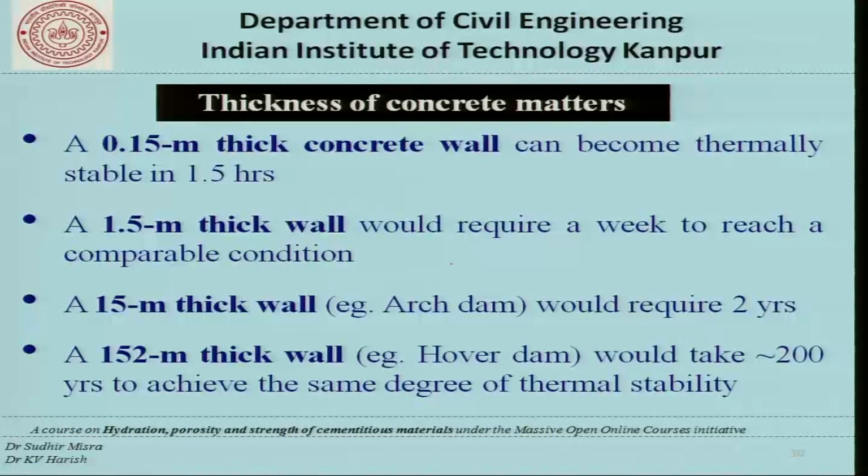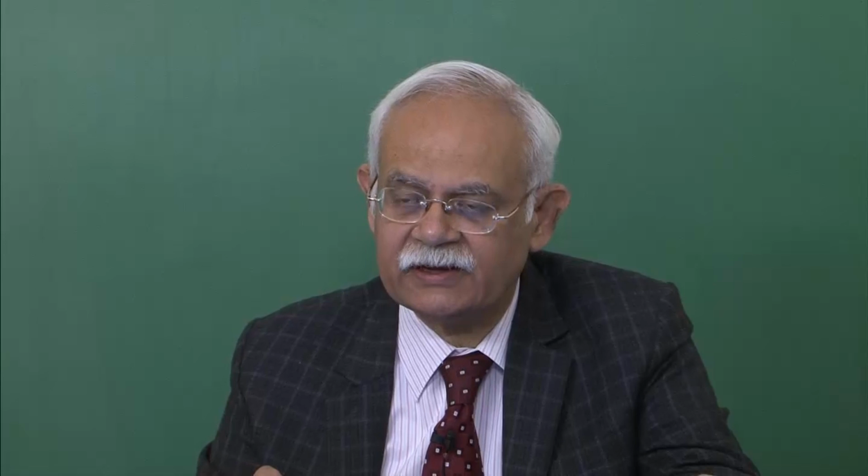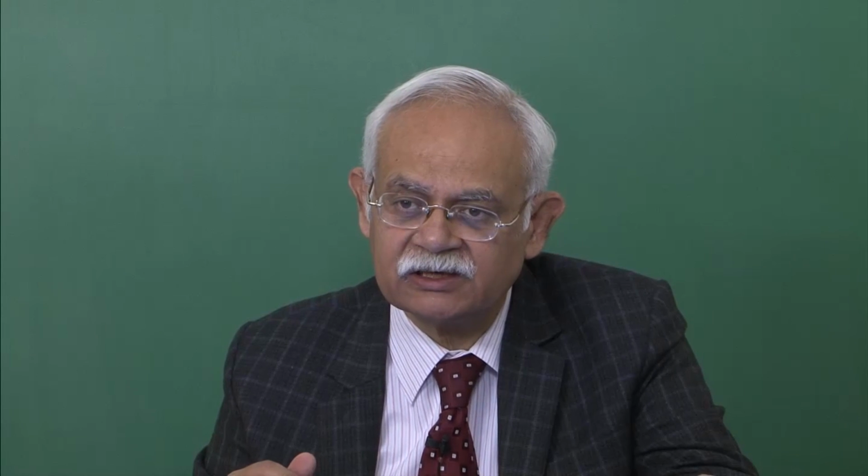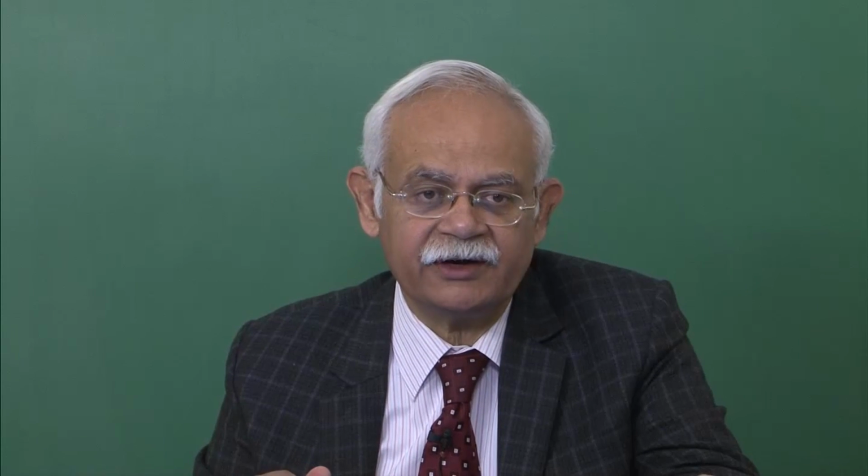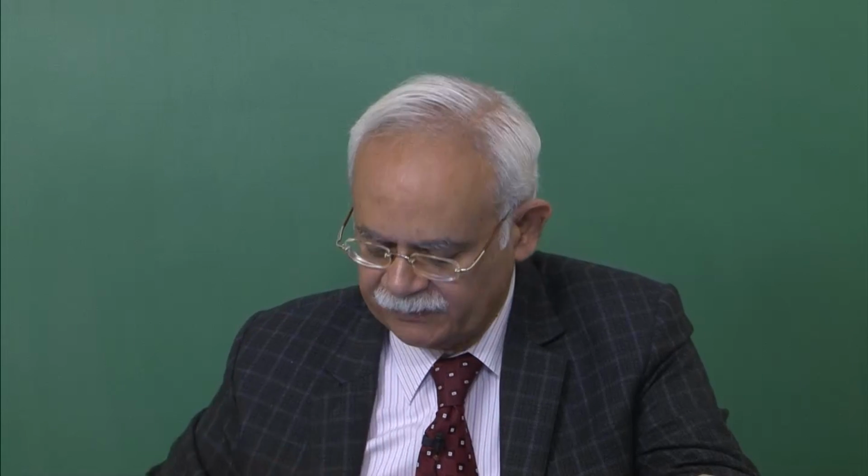Now, of course, we do not sometimes cast a 152 meter thick wall all at once, or for that matter even perhaps a 15 meter thick wall all at once, and that gives us the flexibility or the idea that, well, can we cast this in parts, and that is where the importance of a construction plan comes in when we are trying to address the problems of mass concrete.